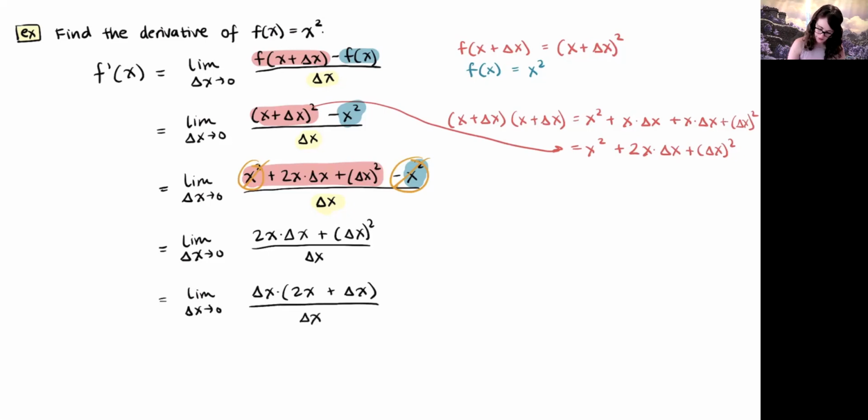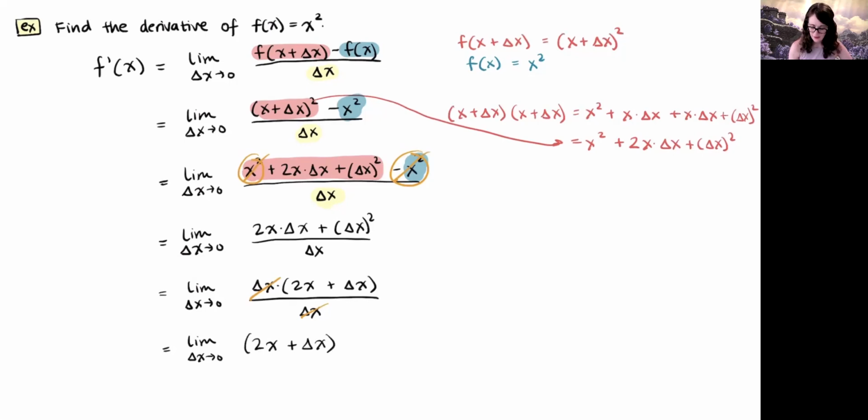Okay, here we can finally divide those delta x's or remove the 0 over 0. What we're left with is 2x plus delta x.